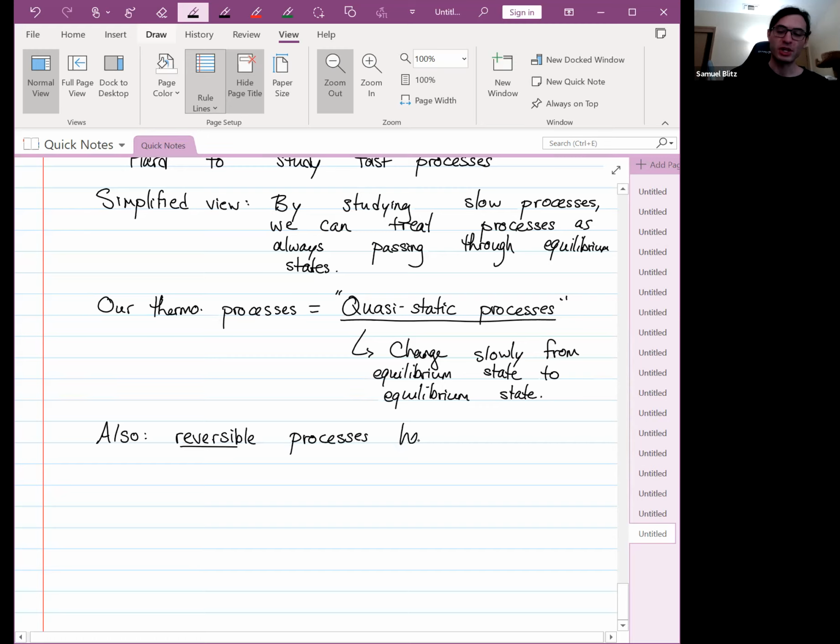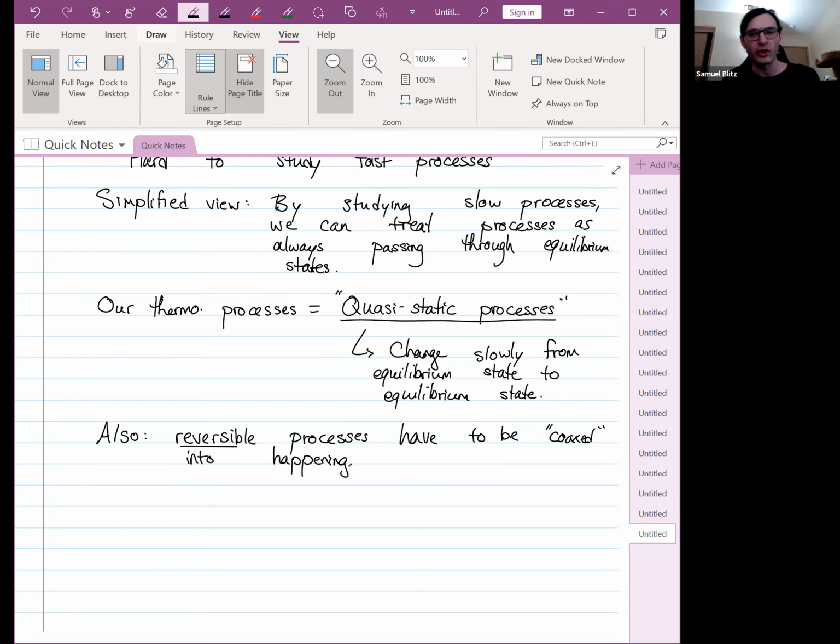Reversible processes have to be coaxed into happening. I.e., they won't just happen spontaneously. And the reason why we want this, why these would be reversible, is because then you can coax them back into the other direction.